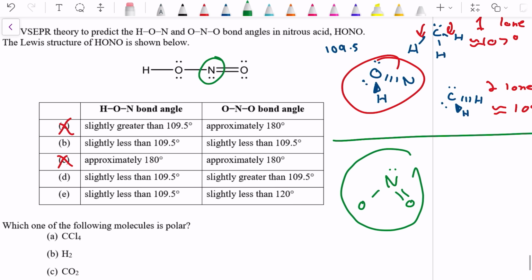It's 360 degrees all the way around, and this exists in one plane, so these are about 120 degrees. Since we have that lone pair again, it's going to push these bonds closer together, meaning this is slightly less than 120. Maybe it's 118, I don't know. Anyways, it's slightly less than 120. So looks like E.